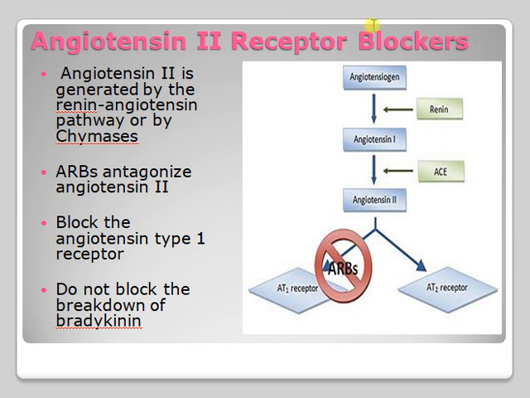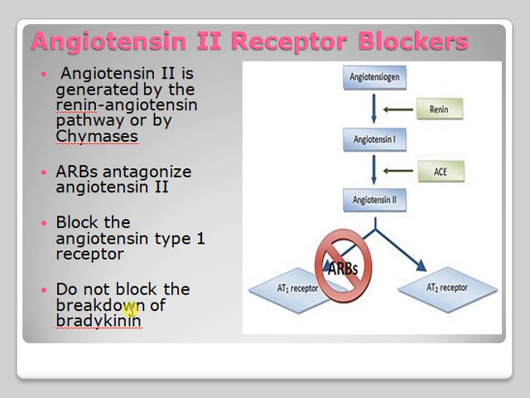So these agents are directly antagonizing the angiotensin 1 receptors. But here is one point: they are not blocking the breakdown of bradykinin, and that's why persistent dry cough is not associated with angiotensin 2 receptor blockers. So it can be one of the advantages.